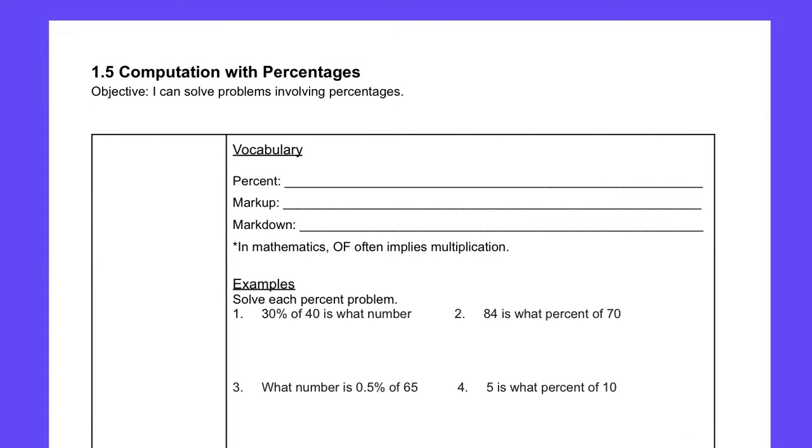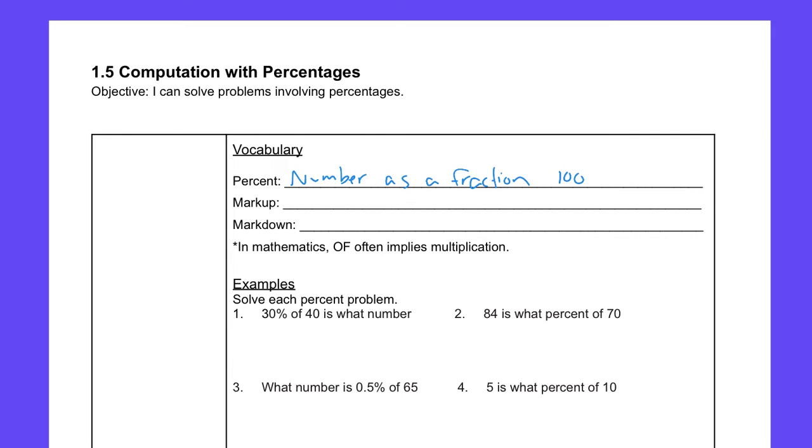For lesson 1.5, we're going to work with computations with percents. So a percent is a number as a fraction or a part of 100, because percent is always going to be out of 100.